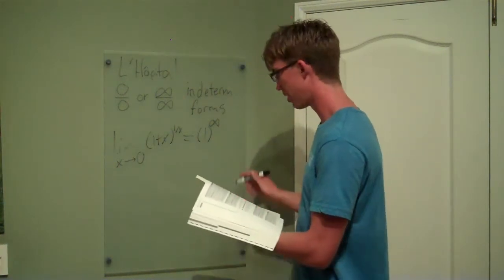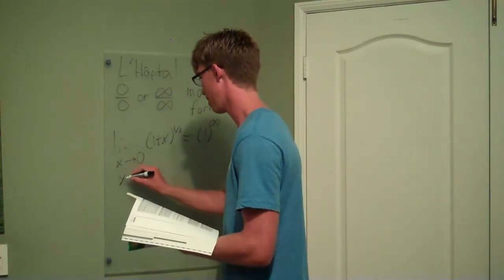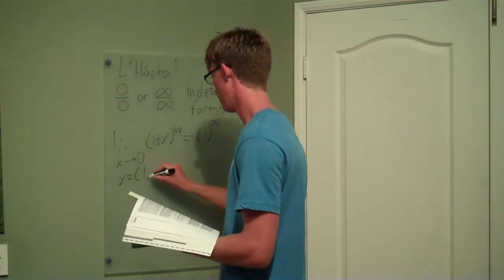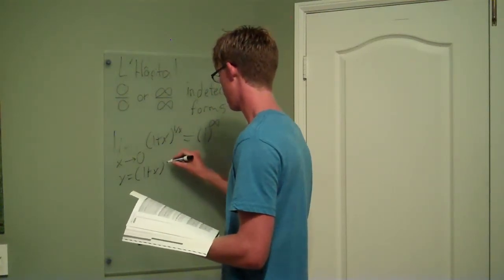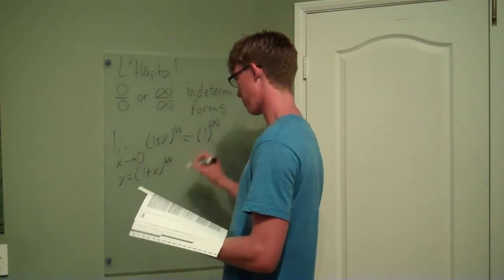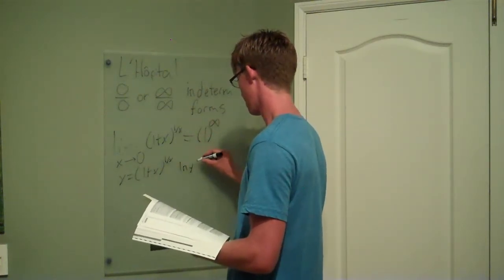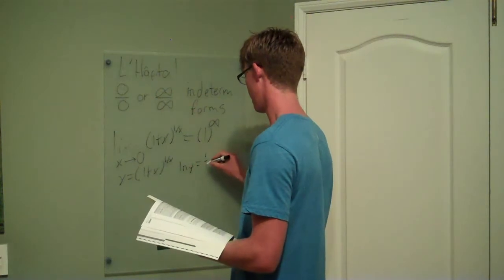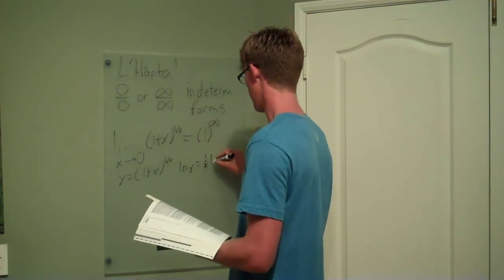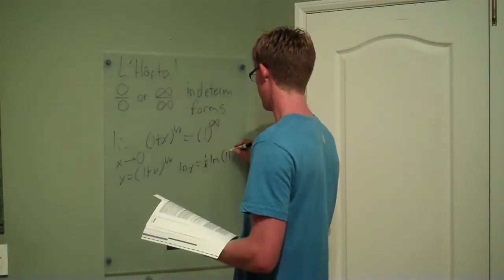And so, let's set y equal to (1 plus x) to the 1 over x. And let's take the ln of y, which is equal to 1 over x times ln of (1 plus x).